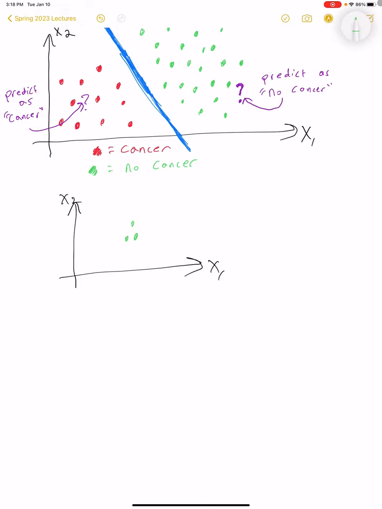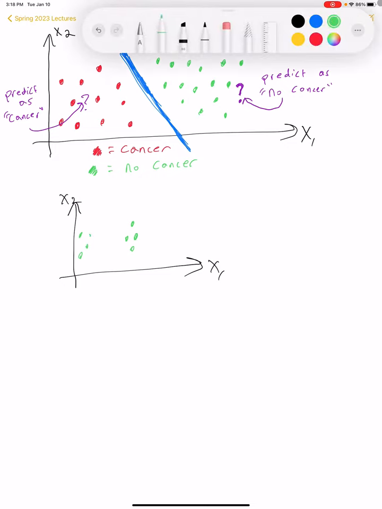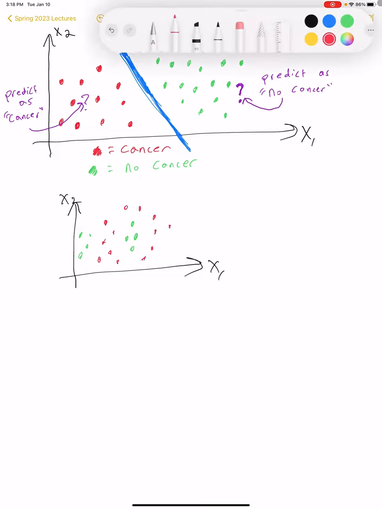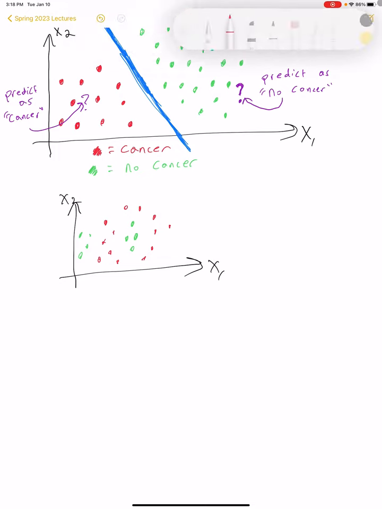We might have this type of situation, which we will learn how to deal with. And in those cases, much more complex boundaries would be learned that might not even be right next to each other. So we'll learn how to automatically learn those types of scenarios as well.